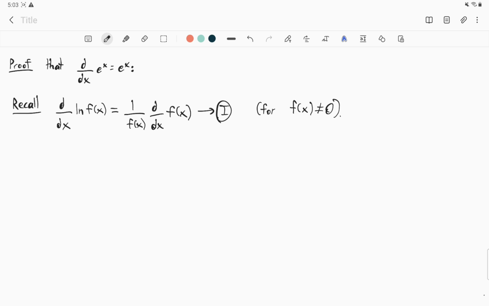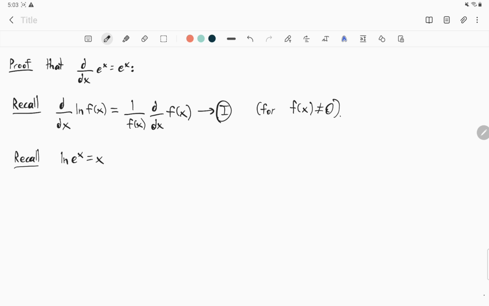Okay, a couple other things we should remember. We're going to use a couple different facts. Also recall that ln of e to the x is just x.